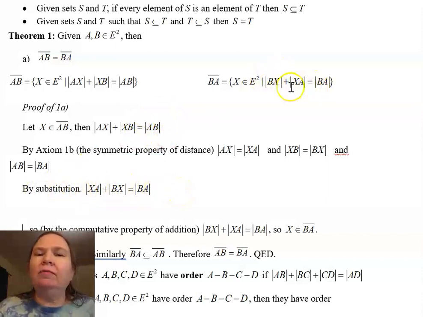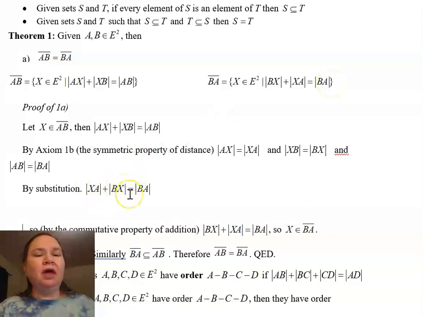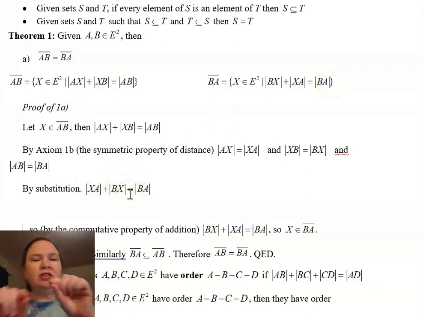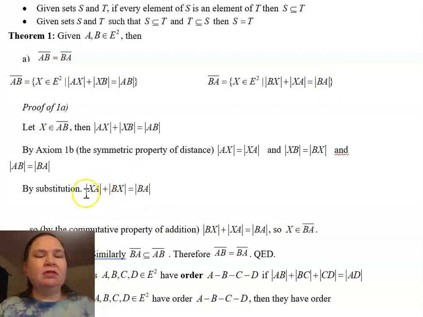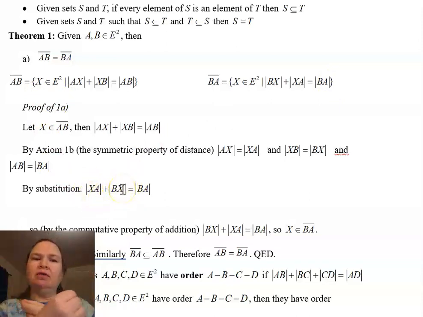And that is almost exactly the same as the equation I want, except that XA and BX are in the other order. But that is the commutative property of addition. Remember that this distance is a real number, and that distance is a real number. And I have the commutative property for real numbers and addition.